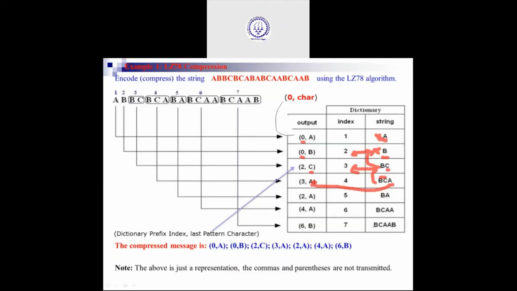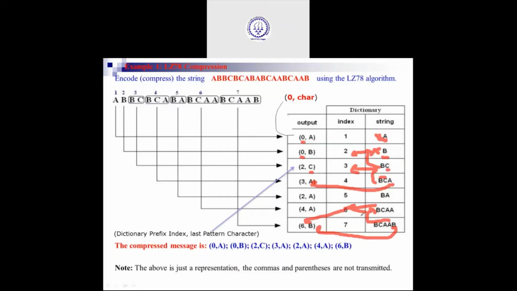If I look at the last case, B is my innovative bit. B has been copied down here as it is. Then BCAA is my prefix, and BCAA is present in this particular string whose index is 6, and this index 6 has been copied down here as the output code 6 comma B.